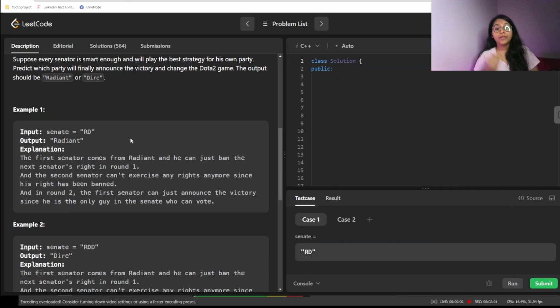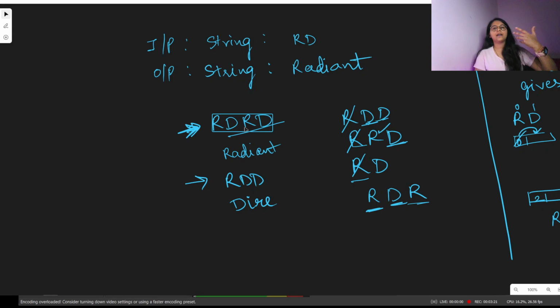So let me give you the pictorial view of the same. Here the input is a string and the output would also be a string. If RD is there, then the answer would be Radiant. How would it be Radiant? You can clearly see this R comes first, at the minimum position, and then Dire comes.